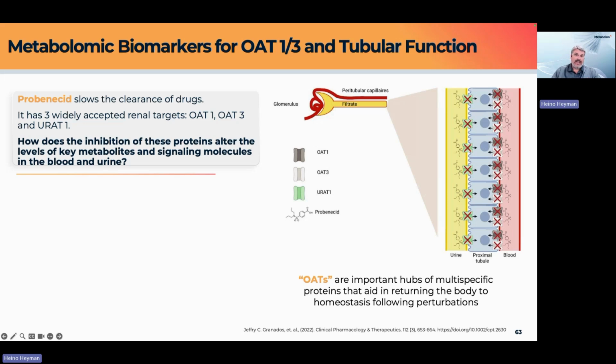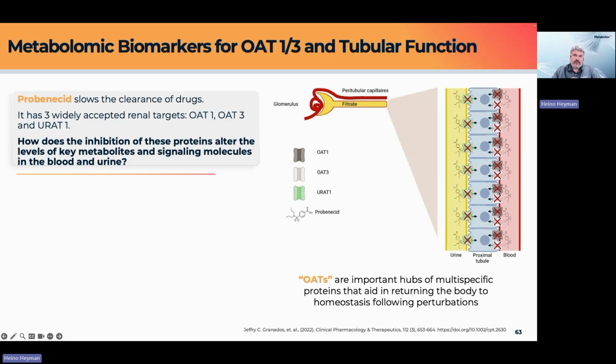That is OAT1, OAT3, as well as URAT1. In particular for the OATs, the OATs are important hubs of multi-specific proteins that aid in returning the body to homeostasis following a perturbation.